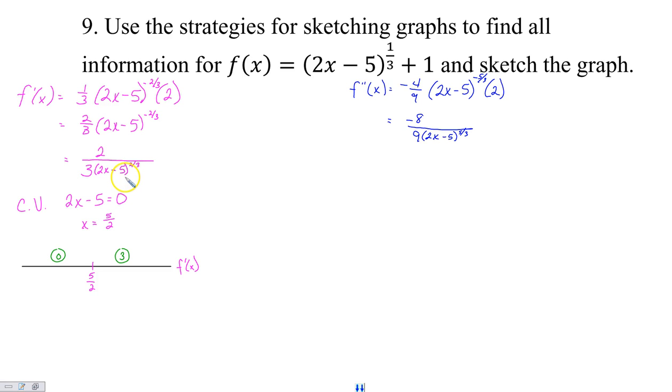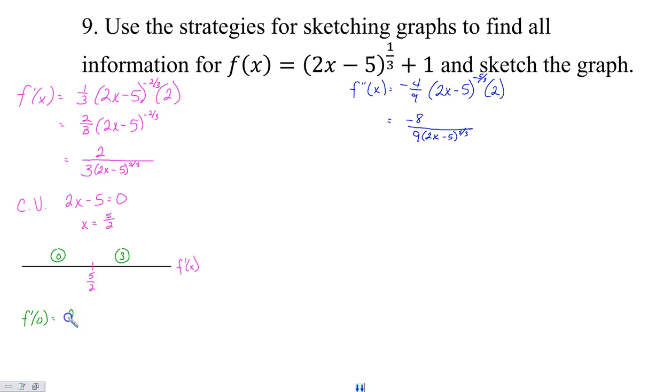Let's go back and talk about our first derivative. If you notice anything kind of strange about this derivative, my numerator is positive because it's just a constant. The denominator is a positive constant times this expression that is raised to the second power and then found the cubed root of. It doesn't matter what I do with this problem. When I plug in 0, if I plug in any number, it's not going to matter, but I'm going to show you this.